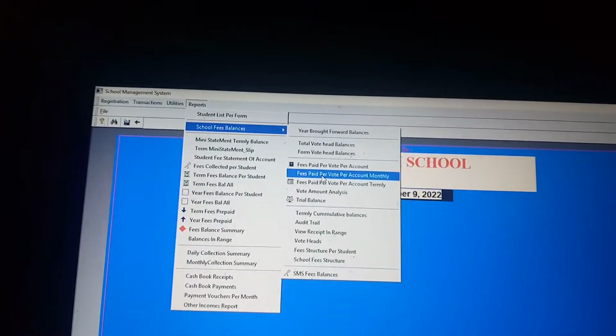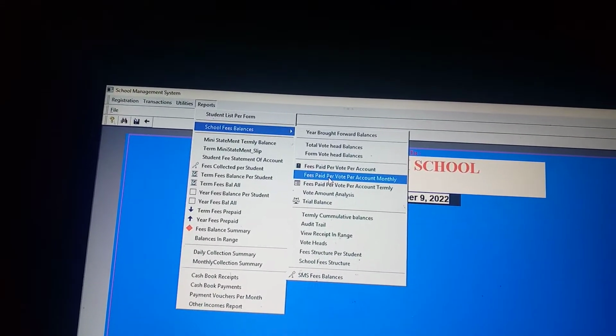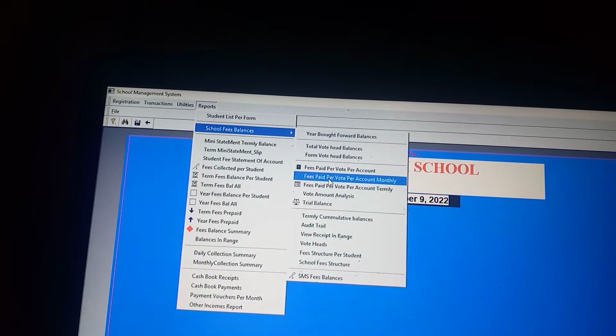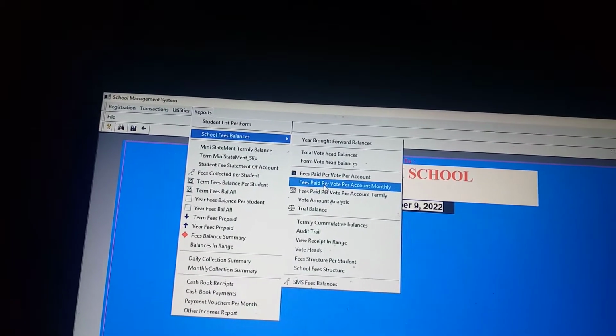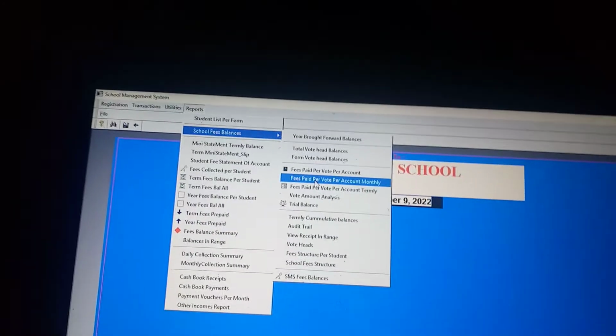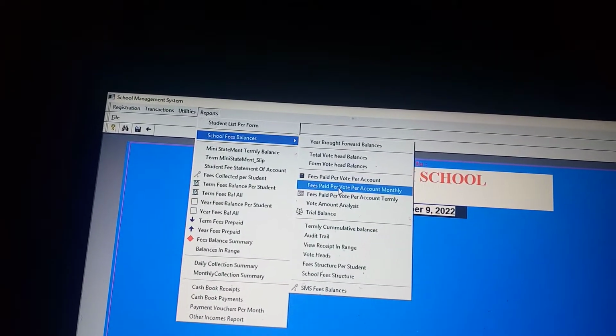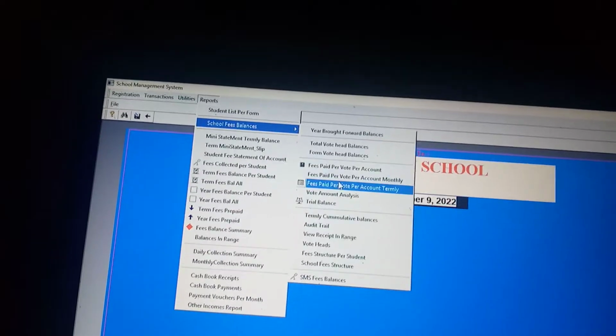That is, for example, how much of overpayment do we have on the boarding vote head, the prepaid? How much do we have on BES, for example, or EWC in a month? How much of overpayment do we have?